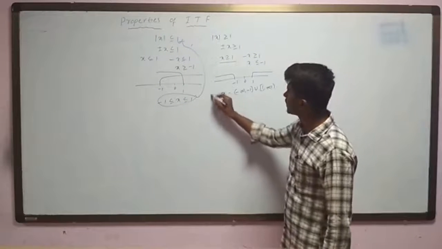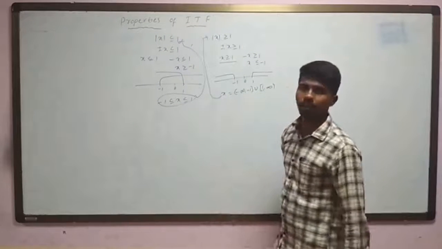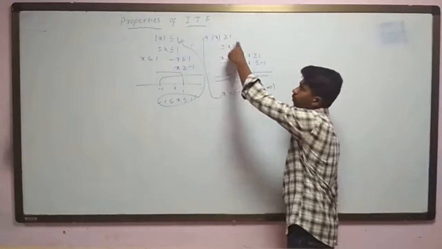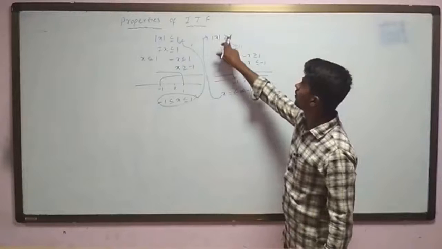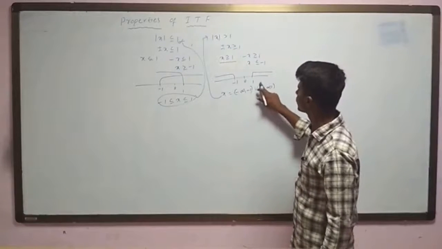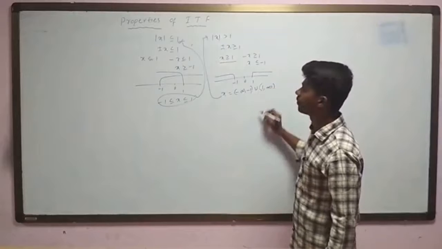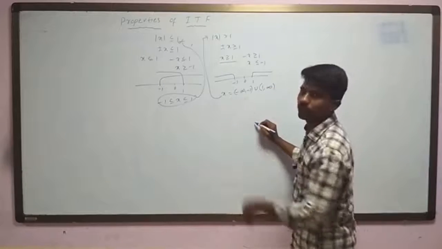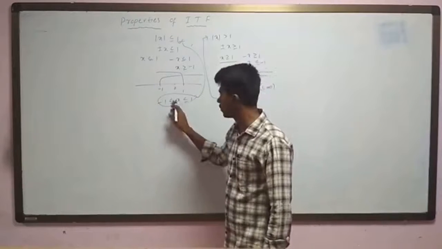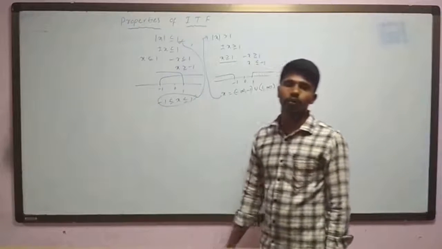This we can simply write as modulus x greater than or equal to 1. If I remove this equal to, then 1 and minus 1 are open. In the same way, 1 and minus 1 are open if I remove this equal to.